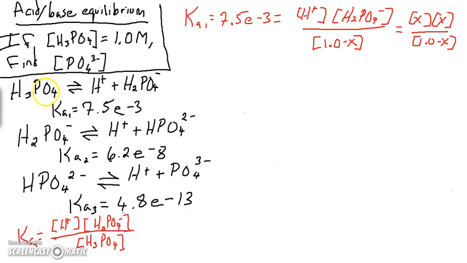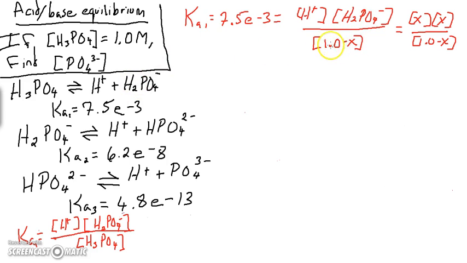Some of it is dissociating into H plus and H2PO4 minus. So for every H3PO4 that dissociates, I get 1 H plus and 1 H2PO4 minus. If I have 5 of these, I get 5 H pluses and 5 H2PO4 minuses. If I have 2,000 of these, I get 2,000 of these and 2,000 of these. So that's exactly the same thing that's happening over here.